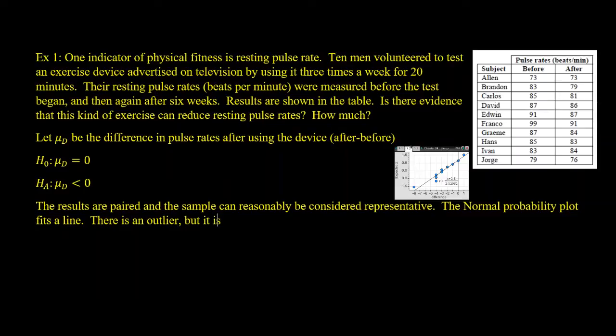It's at -4, you have that 1 point below the line a bit, but it's not influential because of where it's located. The conditions are met. I will use a student's t-model for a paired t-test.